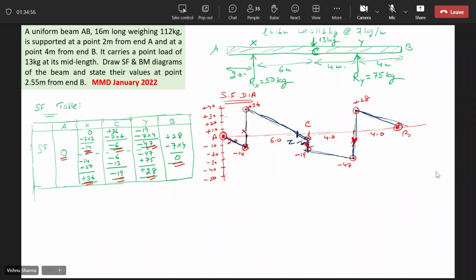Now, guys, for getting the areas of the triangles, we'll need the distances X to Z and Z to C. If the graph is very complex, then we can read it from the graph.